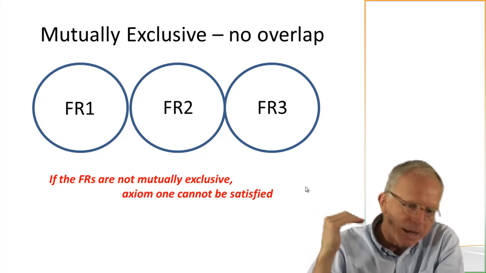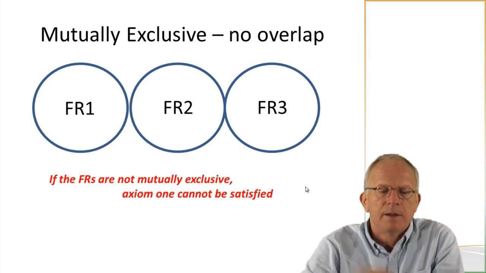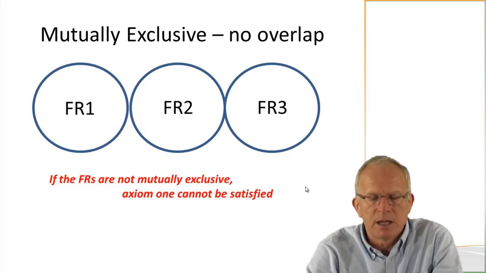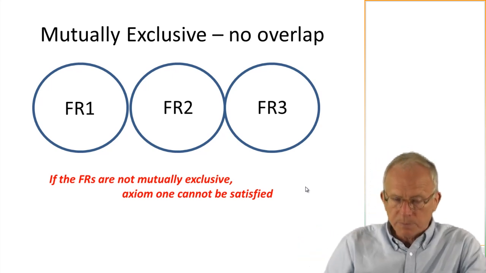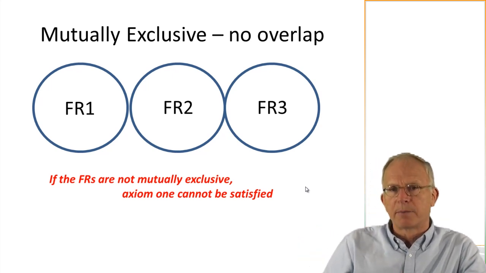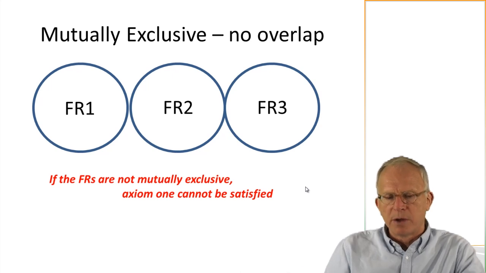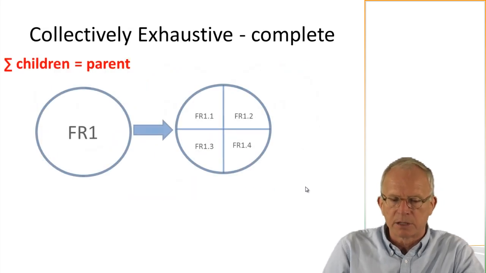When we talk about maintaining the independence, this is one of the places where we have to maintain it. This is a key place. As we define the FR children, we have to make sure there's no overlap, because otherwise we've got 2 FRs that are clearly linked, and we won't be able to change one without changing the other, and we've lost the independence.